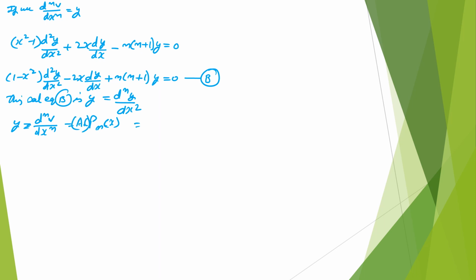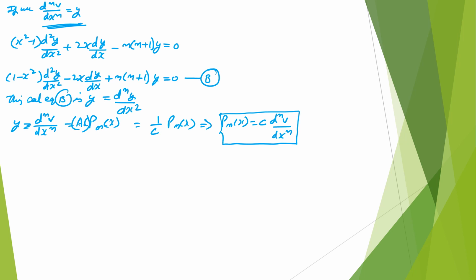So we assume an arbitrary constant as 1 by c, P_n(x). That means finally we have P_n(x), the Legendre polynomial, is equal to c into the nth time differentiation of v with respect to x. That means this is the value of y. So P_n(x) is equal to c into y.